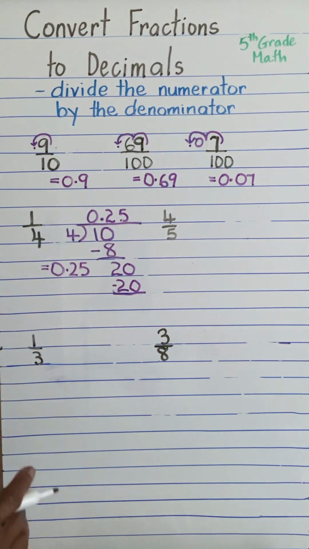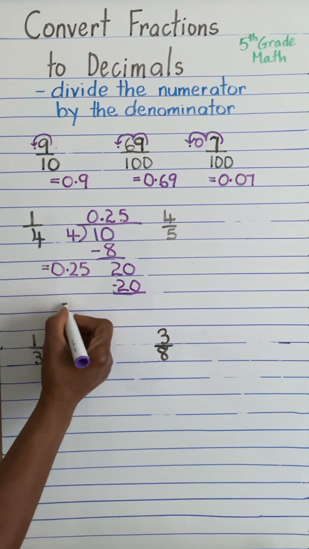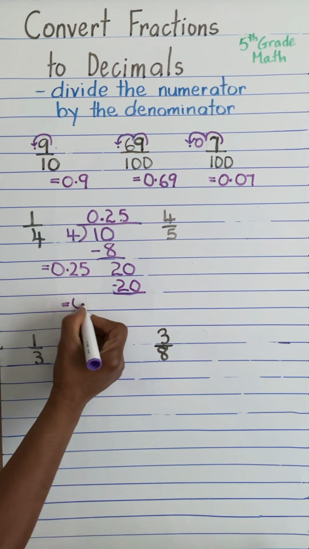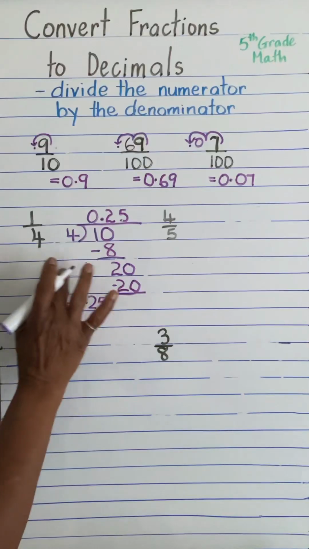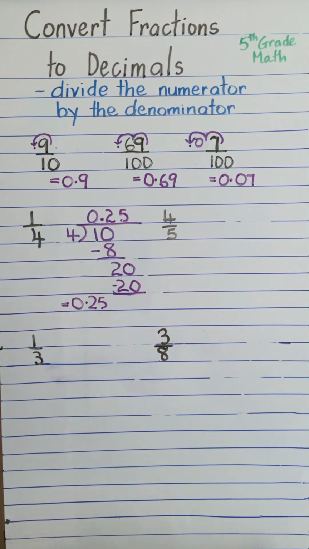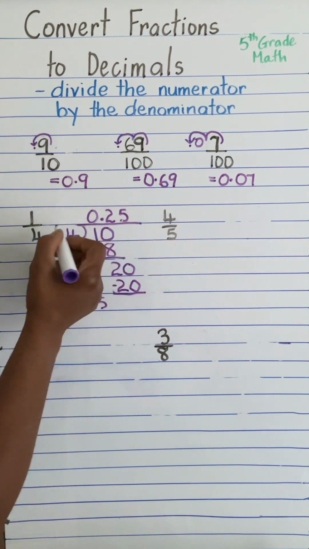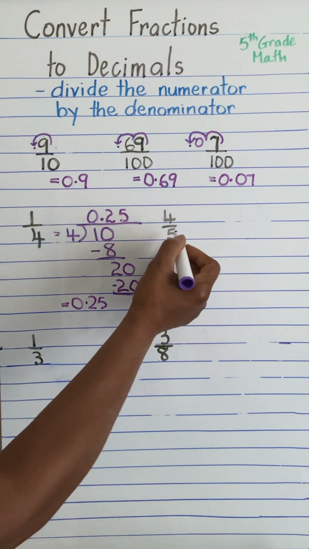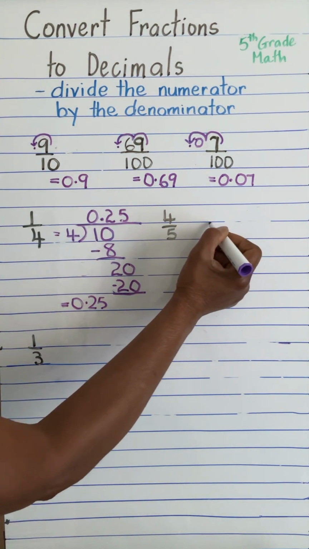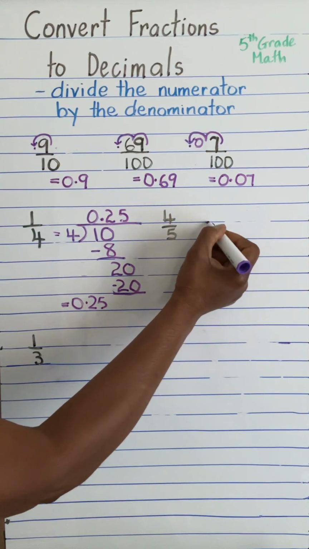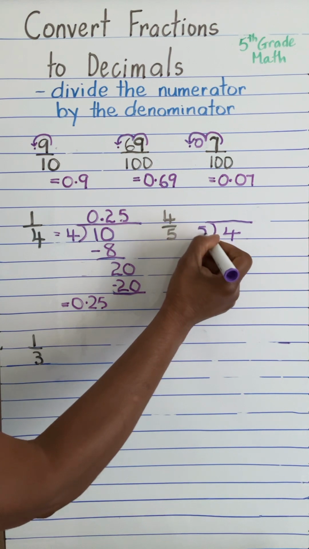Next, 4/5. Let's put our answer right here, 0.25. Four fifths. Again, it's numerator divided by denominator.